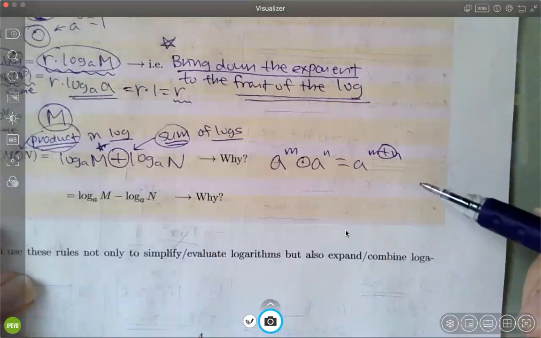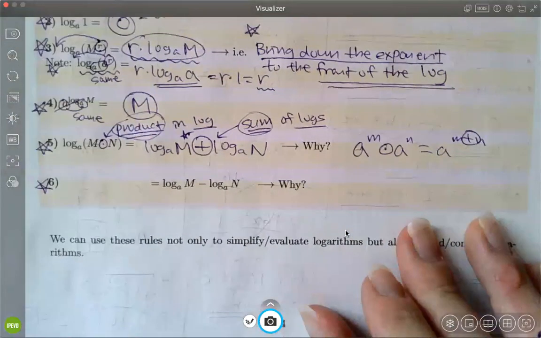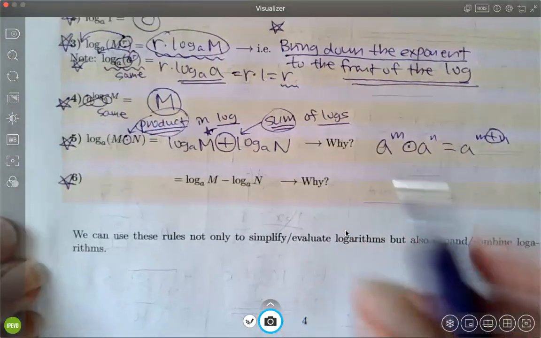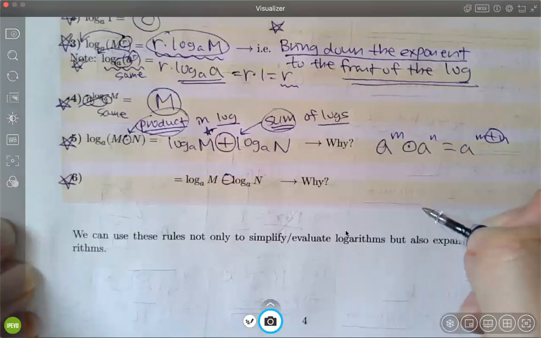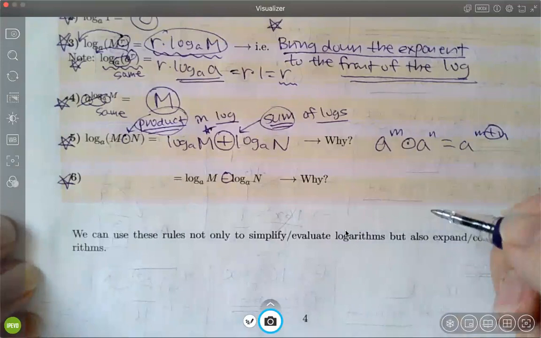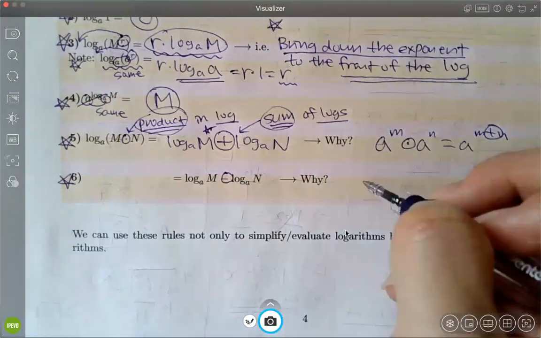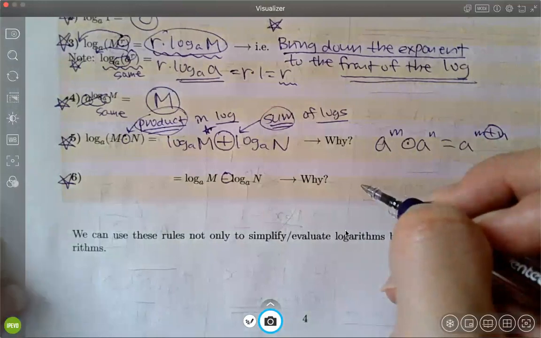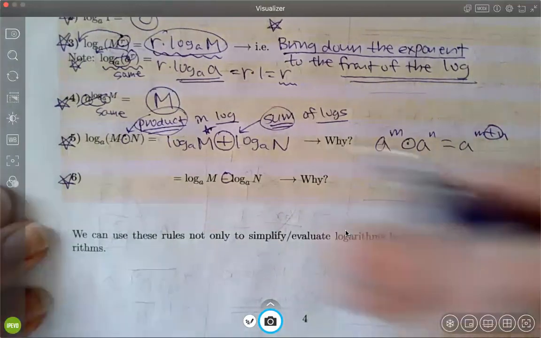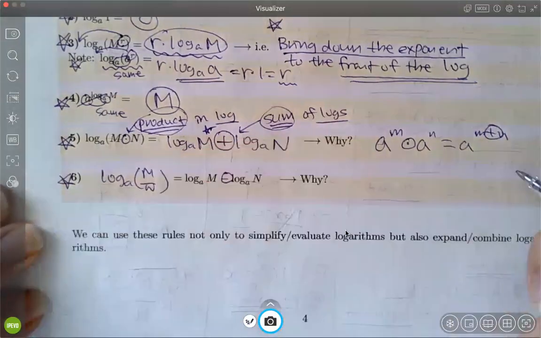And now, can we subtract the logs? The answer is yes. So what should be the form? When can we subtract exponents? Think about it. When there's division in the log. Division, yes. So we have log A of M over N. Again, what's the reason?